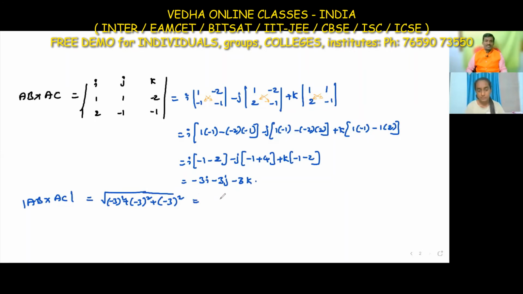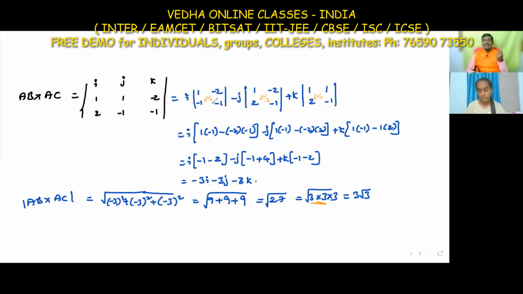Minus 3 whole squared is 9, so 9 plus 9 plus 9 is 27. 27 we can write as 3 root 3, because 3 times 3 is 9, a pair of two numbers becomes one number and the root cancels. The remaining 3 is written as it is.